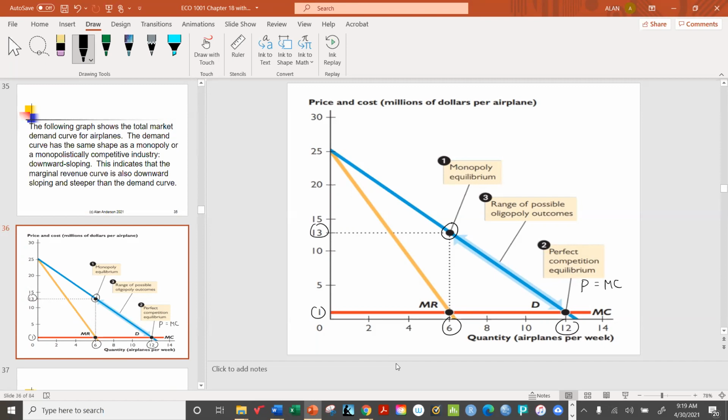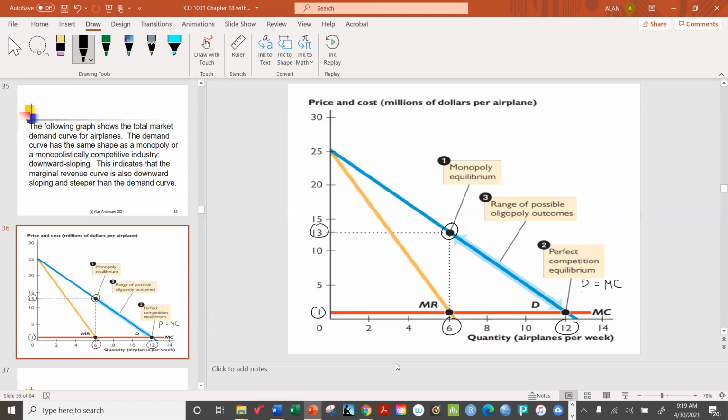Because there are 2 of them who can potentially share the market, although we can't be sure just yet, we can see that it would make sense for the oligopolists to produce somewhere between the monopolist outcome and the perfectly competitive outcome, which means somewhere between 6 and 12 airplanes at a price that would range between $1 million and $13 million.